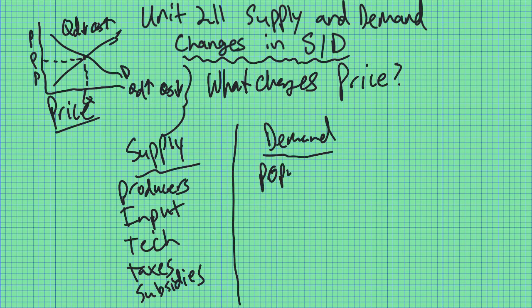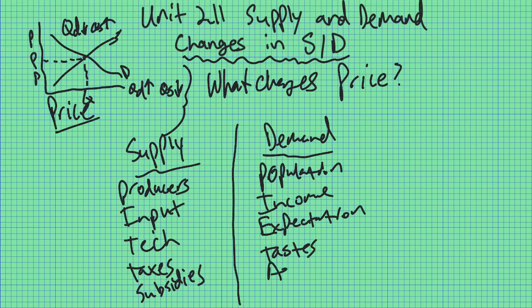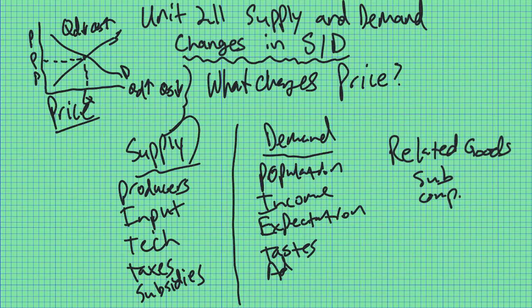So the population changing, income, certain expectations changing, tastes, advertising, and then certain related goods like substitutes and complements. Right, so these are the shifters of supply and the shifters of demand.